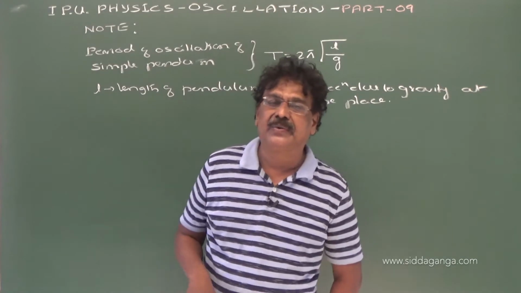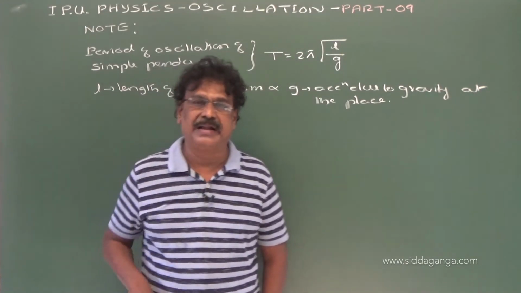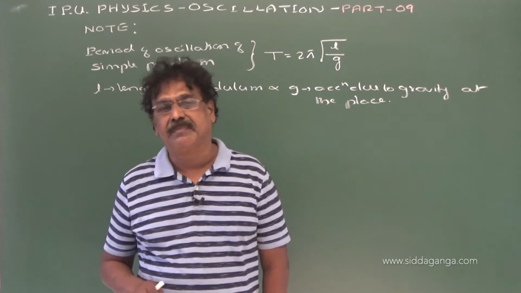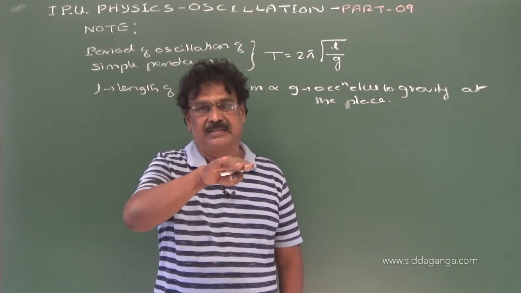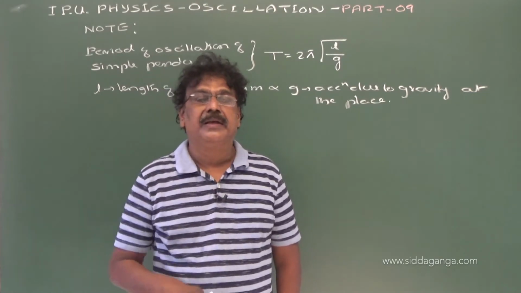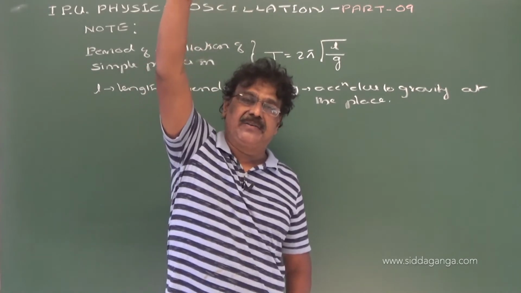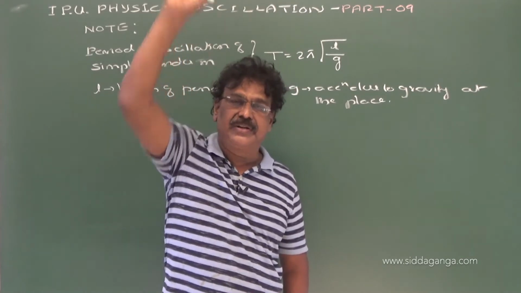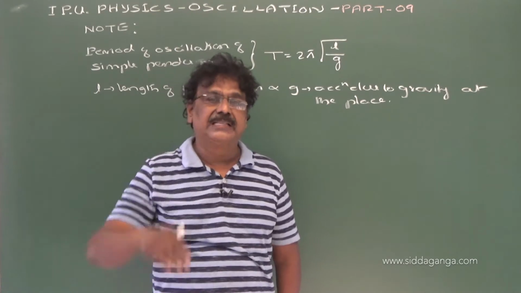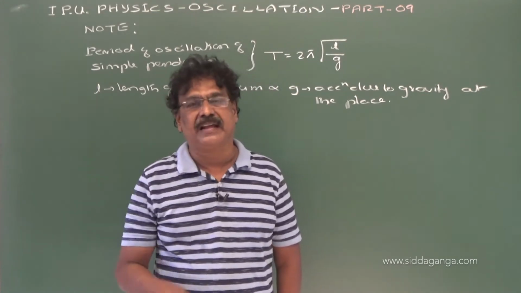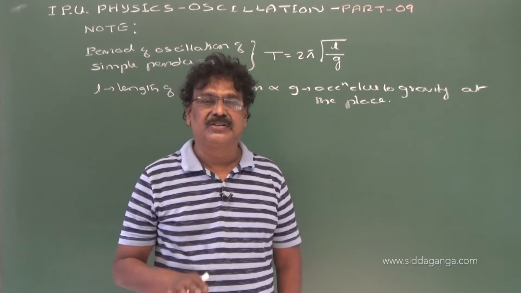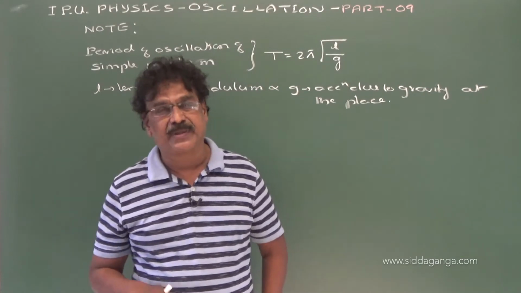Again, acceleration due to gravity is maximum, that is 9.8 meter per second squared, on surface of earth at a certain place. With increasing height or altitude, acceleration due to gravity decreases. As we move towards the center of the earth, that is with depth, acceleration due to gravity decreases.